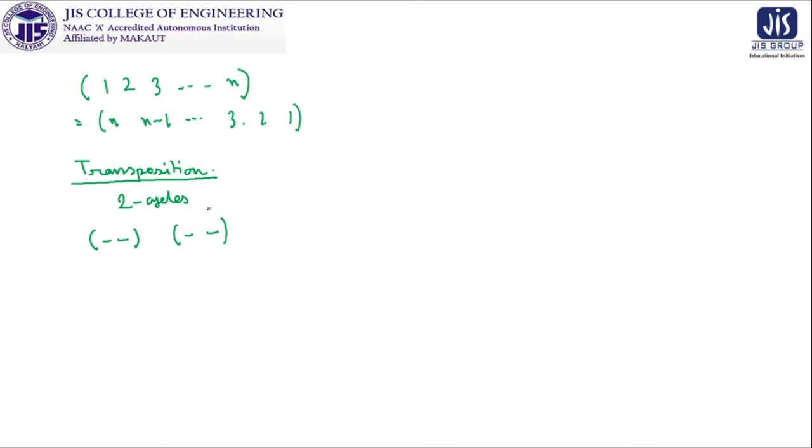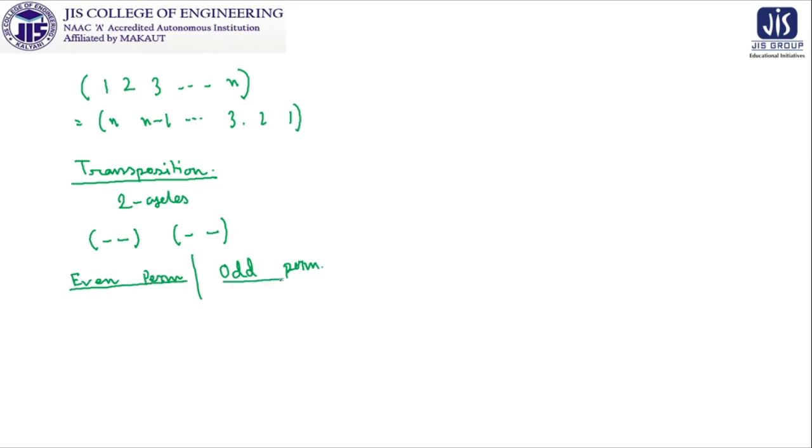What is the benefit of knowing what is transposition? The benefit is that we can make the classification of the permutations into even permutations and odd permutations. Look at this.